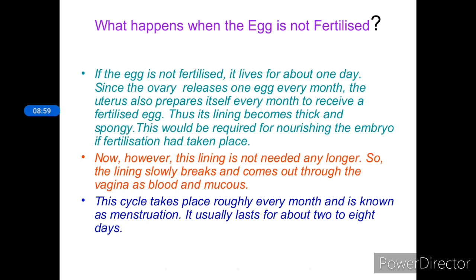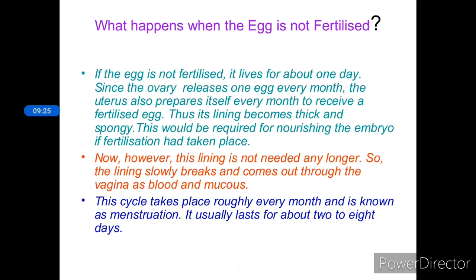So it breaks off and comes out through the vagina as blood and mucus. This is what is known as menstruation. This cycle takes place every month, and this bleeding usually lasts for almost 2 to 8 days.